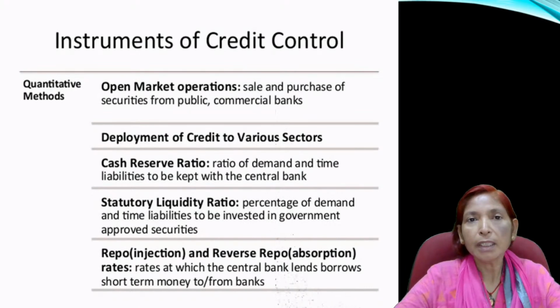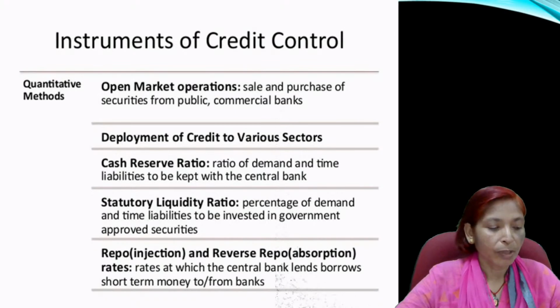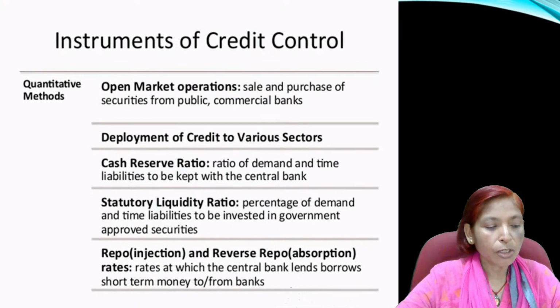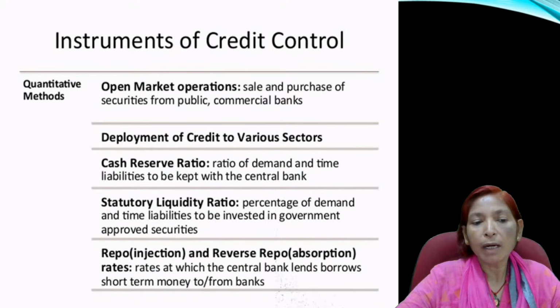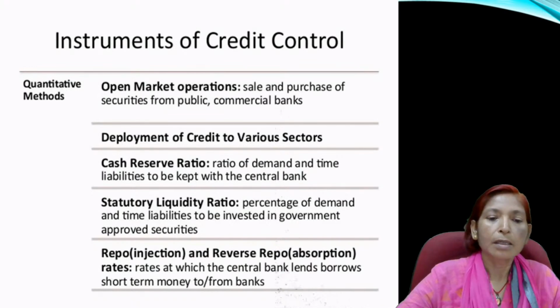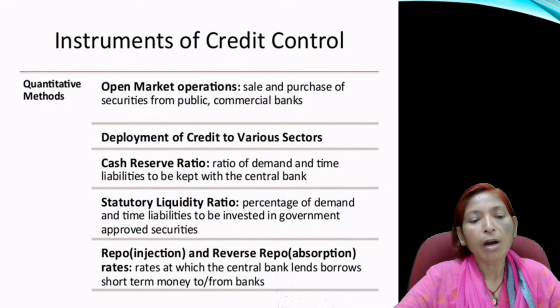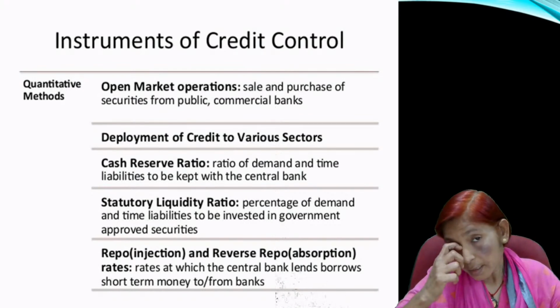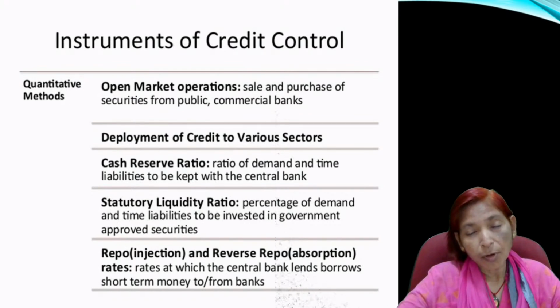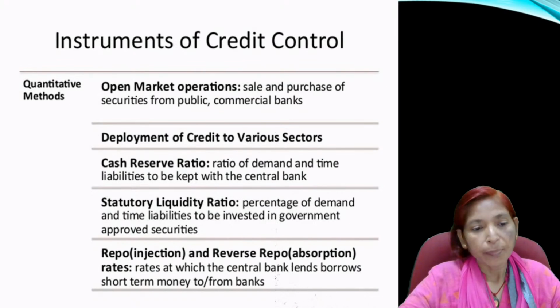Now next is SLR. SLR is statutory liquidity ratio. Statutory liquidity ratio means the percentage of demand and time liabilities to be invested in government approved securities. SLR is that ratio from which commercial banks keep money with them.